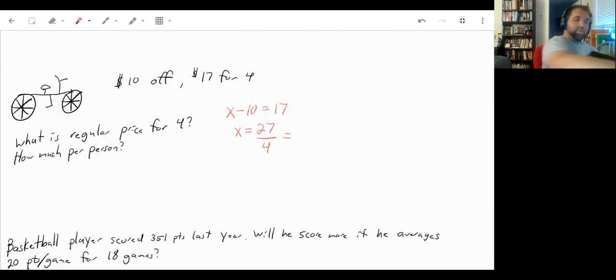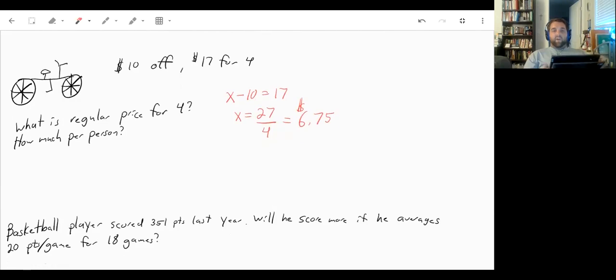Actually, let me just do this on my calculator quick, because I don't want to tell you wrong. 27 divided by 4, 6.75. So our answer would come out to $6.75 each. However, when it was $17 for 4 people, we could also check and see that that would come out to $4.25 each. So having the coupon actually saved us some good money.